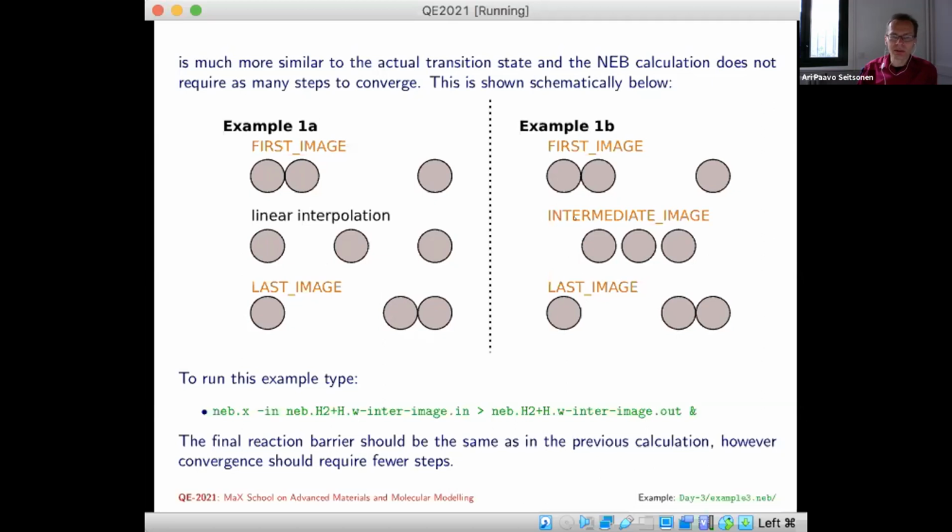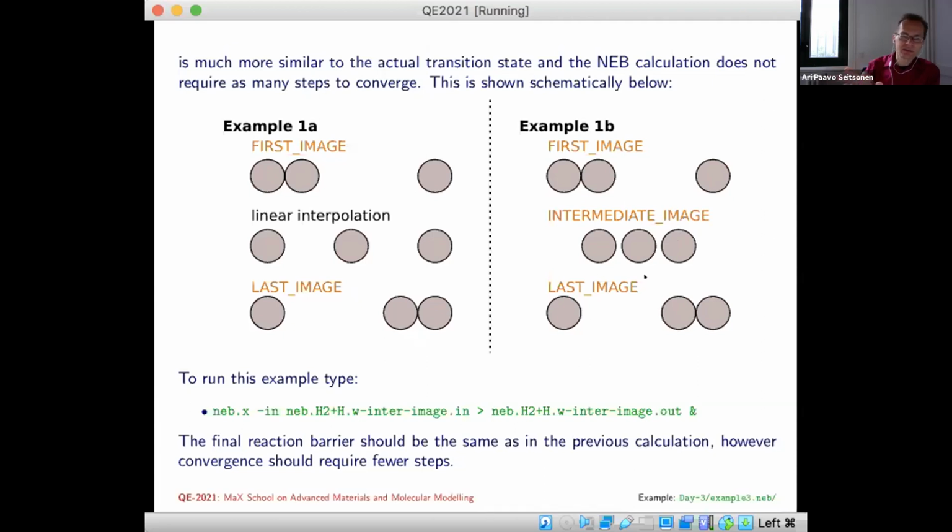But probably in the intermediate one, you will have something like a symmetric molecule where the three hydrogens are closer to each other. So the first hydrogen has gone a bit further toward the central hydrogen, and the hydrogen initially on the right has come a bit closer to form this kind of image.